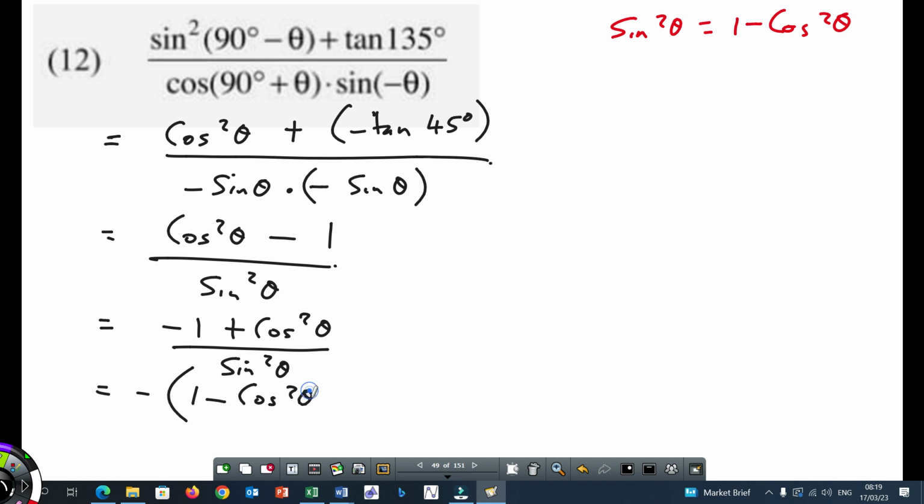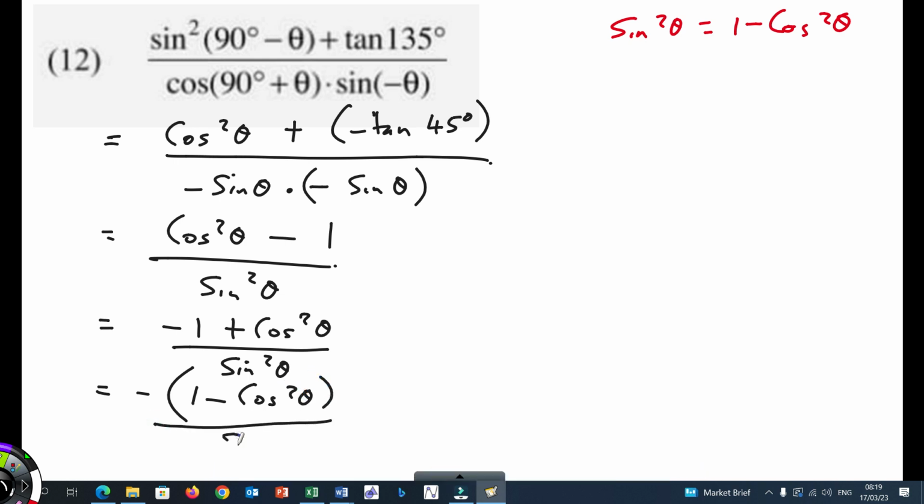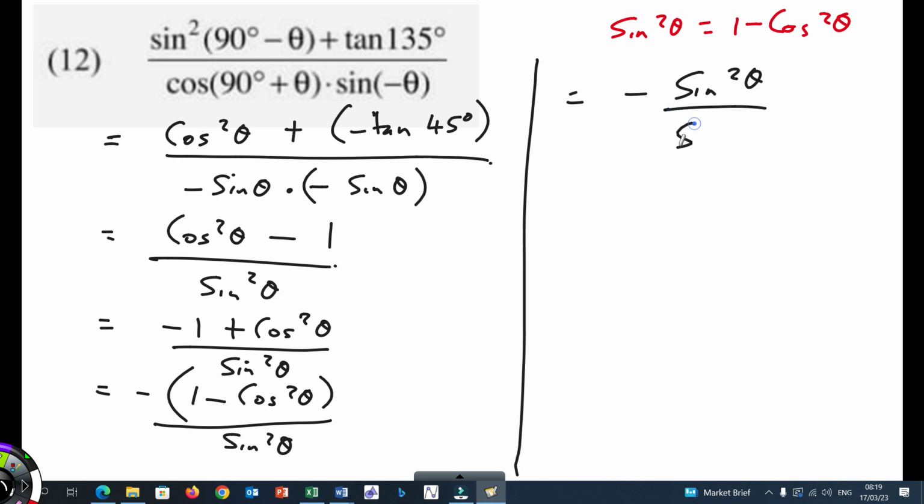So you get that all over sine squared theta. Fortunately, the binomial inside brackets is equal to sine squared theta. So you get minus sine squared theta over sine squared theta, and that's equal to minus 1.